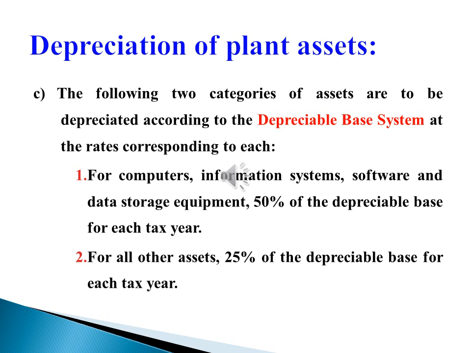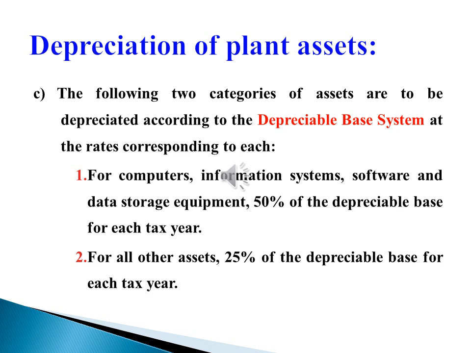C. The following two categories of assets are to be depreciated according to the depreciable pool system at the rates corresponding to each. Number 1. For computers, information systems, software, and data storage equipment, 50% of the depreciable pool for each tax year.